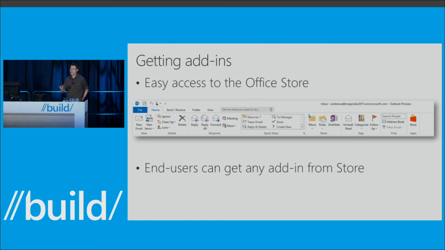If you build your own add-in and you want to go to your friend in your company and say, hey, try this thing out, here's the manifest, they can just go into their mailbox and install this add-in for themselves and try it out. So not only can users get any add-in from the store, but they can also get any line of business add-in that's built in-house.